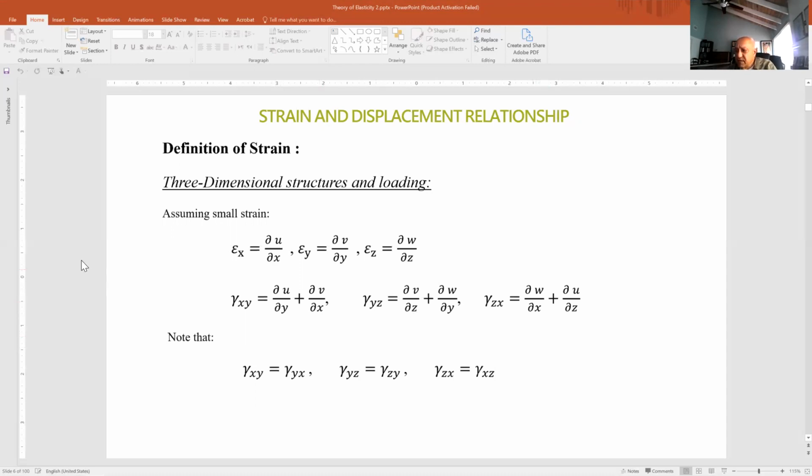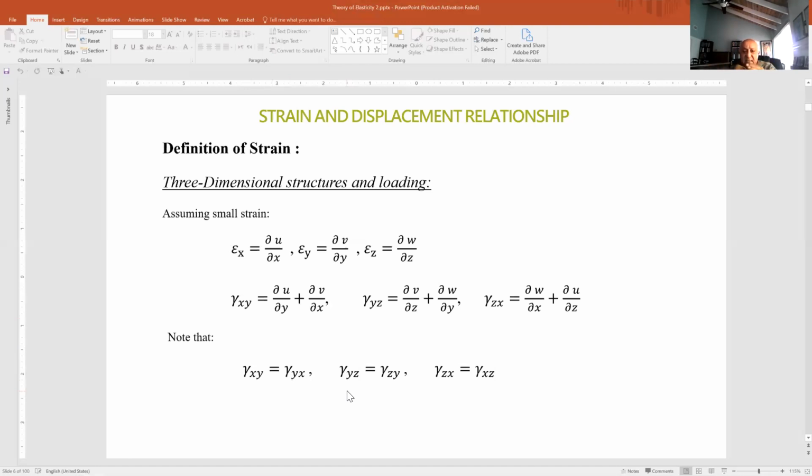Notice from this definition that gamma xy should be equal to gamma yx, because if you replace the position of x and y, you end up with the same equation. Similarly, gamma yz is equal to gamma zy, and gamma zx is equal to gamma xz.